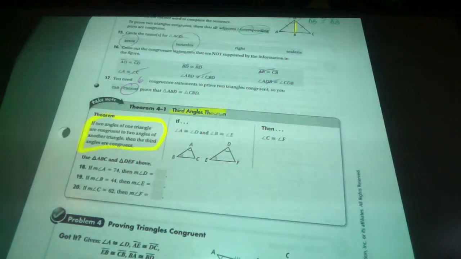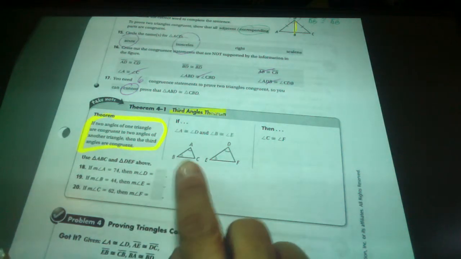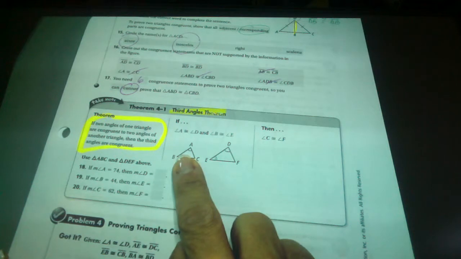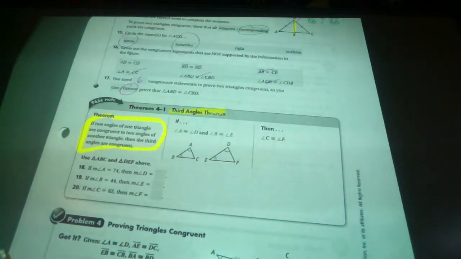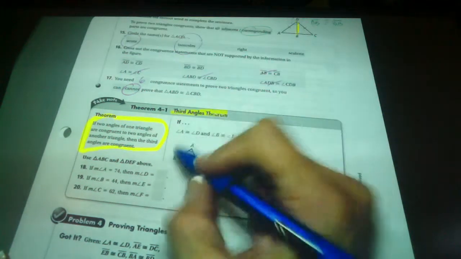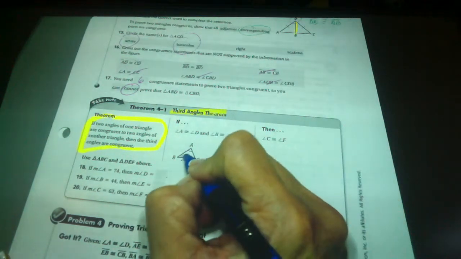And so if 2 angles of one triangle, so you see this triangle ABC, there's 2 angles of one triangle are congruent to 2 angles of another triangle, then it stands to reason that the third angles must be congruent. For instance, if I put a degree measure here for B, let's say that B is 30 degrees.